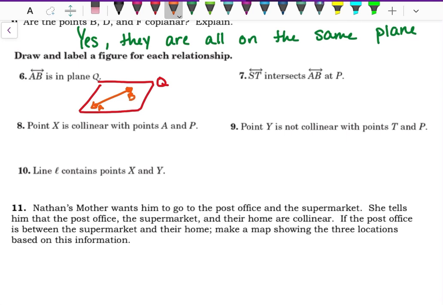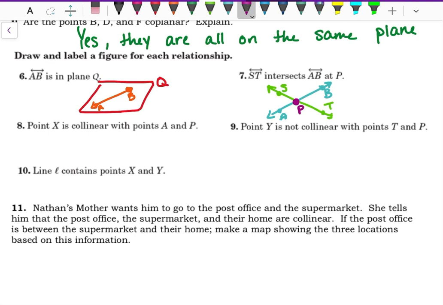Okay, next we have line ST intersects AB at point P. So we have a line, and this is ST, that crosses with line AB, and they intersect at point P.